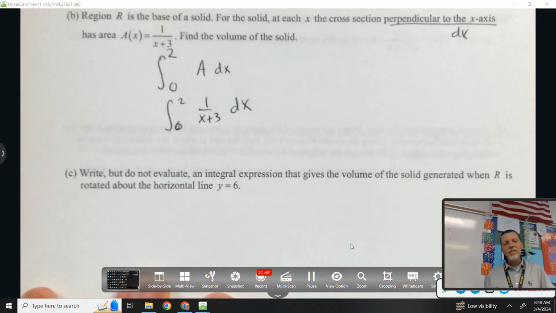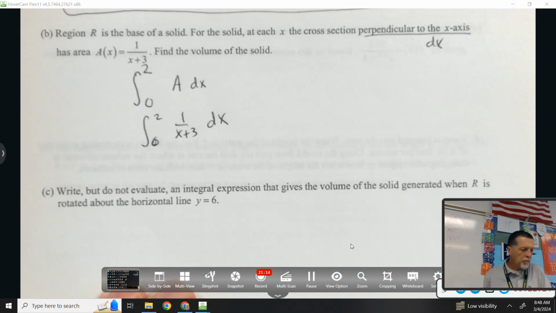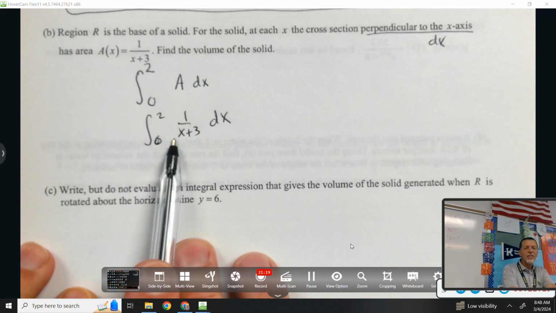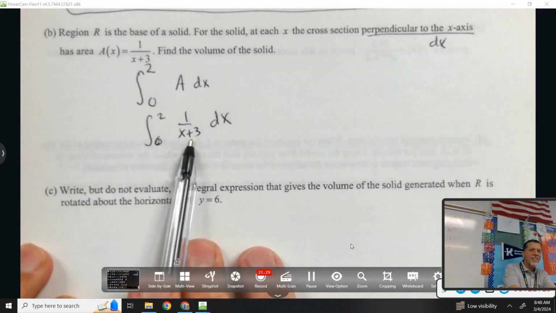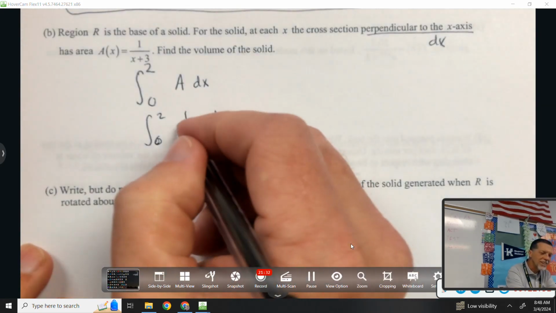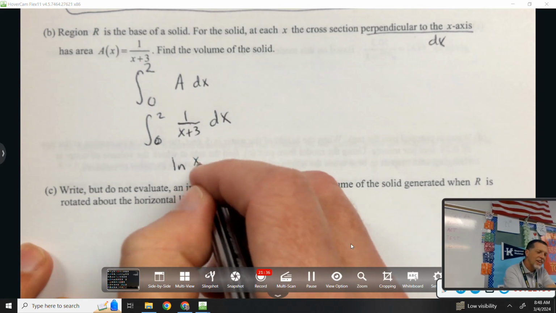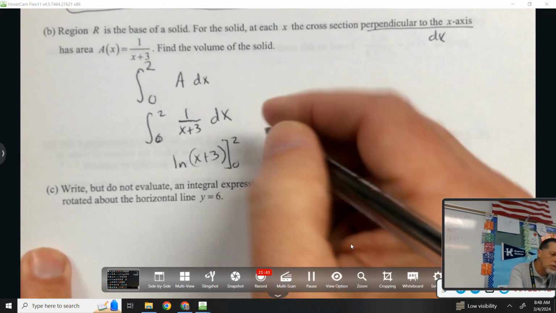So in some sense it's easier than all the other ones we've done. I didn't have to know a formula. The area is 1 over x plus 3. Oh, now I know why they did this. What's the antiderivative of 1 over x plus 3? Oh, I saw a few of you mouth it. Natural log of x plus 3, from 0 to 2.